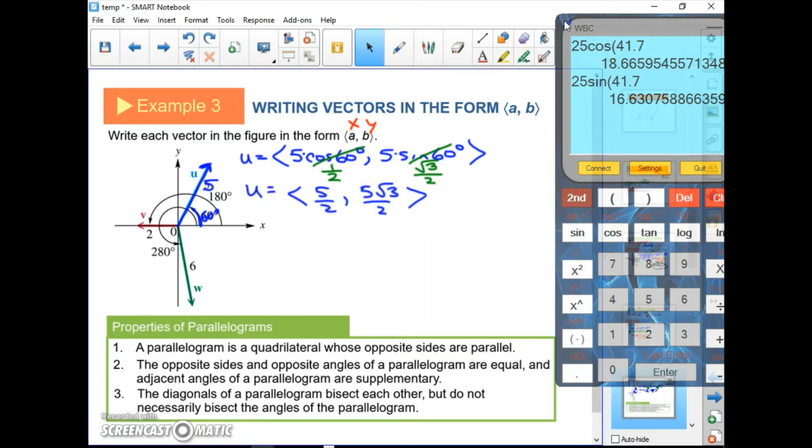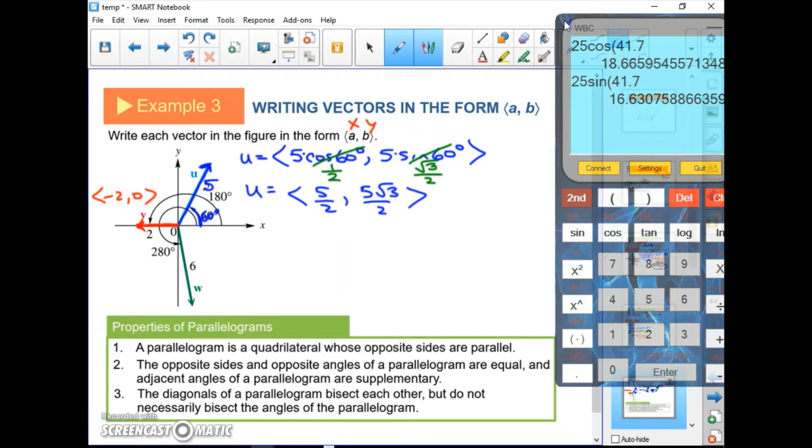There's vector u. Now vector v is actually going to be kind of easy because it's right on the axis. And so if you're smart, you already know that this is going to be -2, 0. Basically, that point is talking about the end, the terminal point. Okay, right at the end of it.